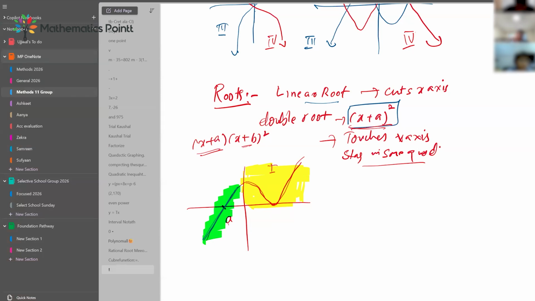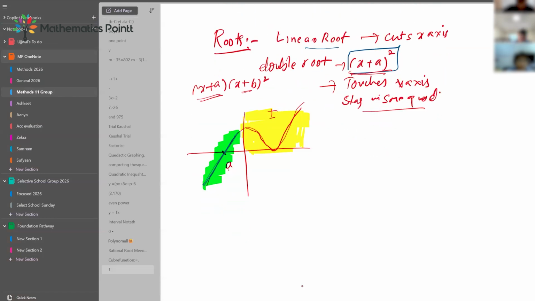The third is the triple root. And that's the last one. Triple root means you've got (x + a)³. This creates a point of inflection. That's about it.